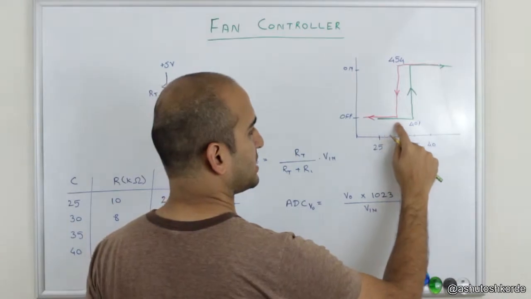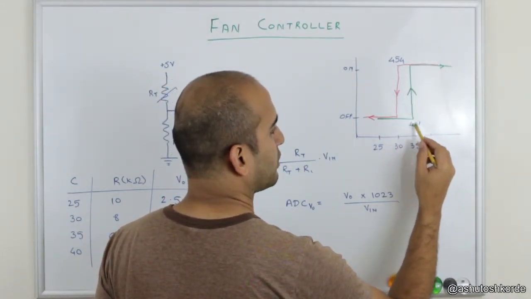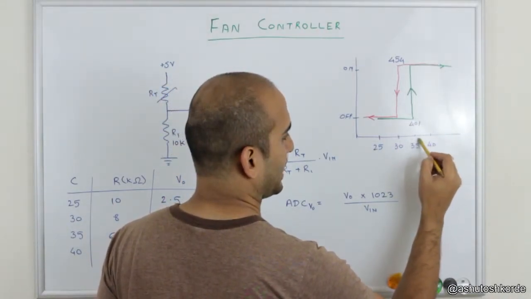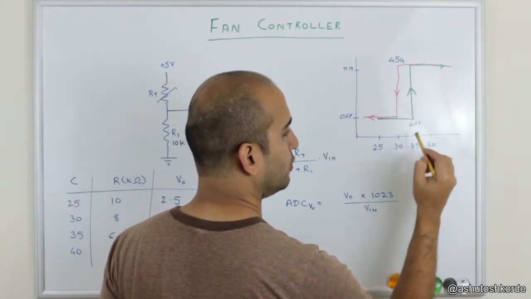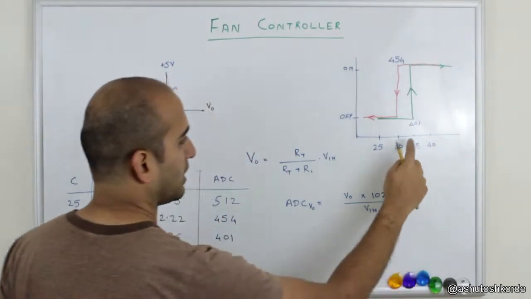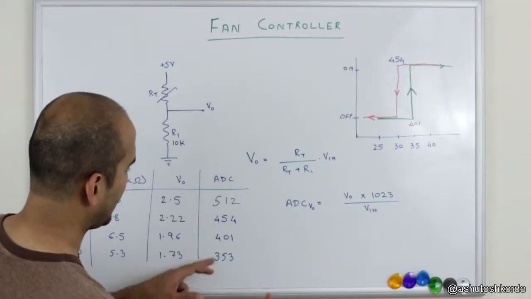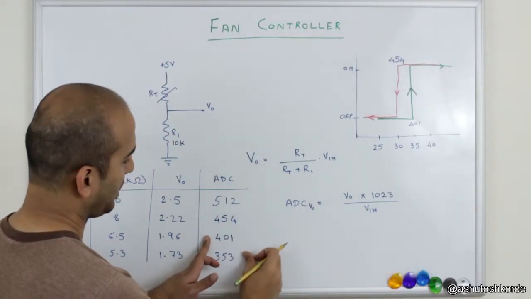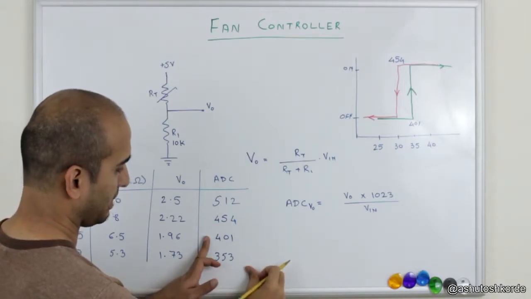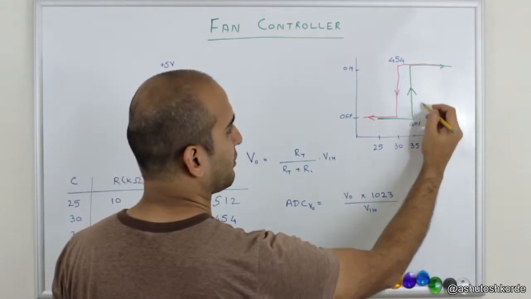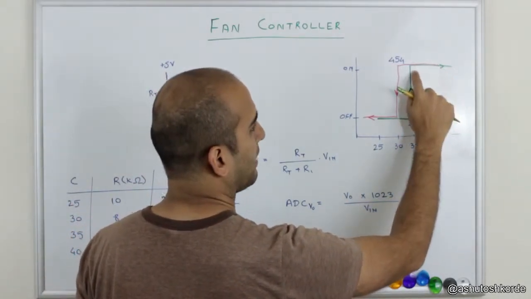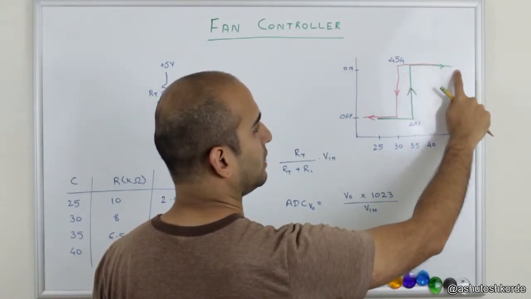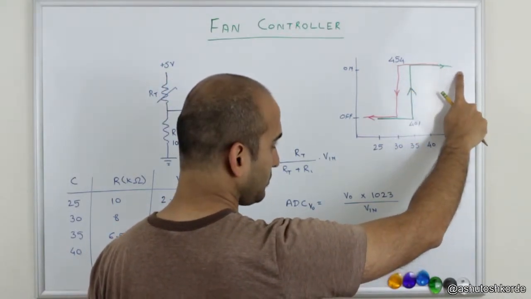As the temperature rises, we are going to turn on the transistor when it hits 35 degrees, which means the moment the ADC reads a value of 401 or lower, that means it is reading a higher temperature, it will turn on the fan, and then it will stay on after that.